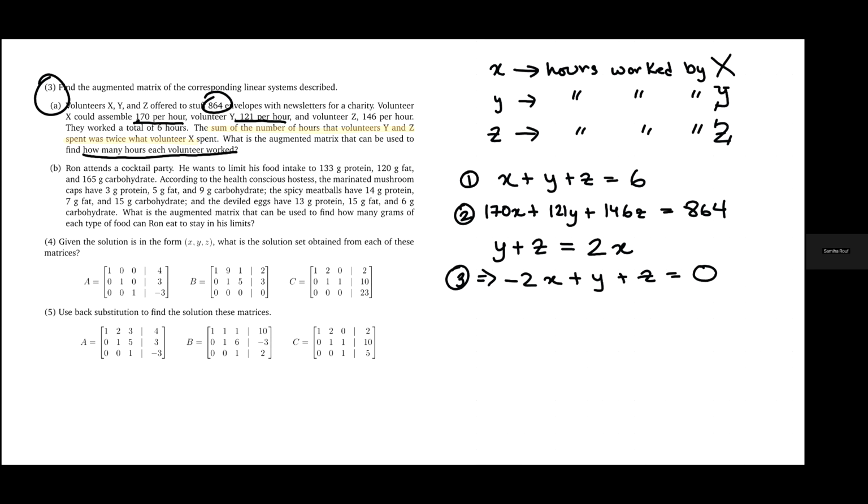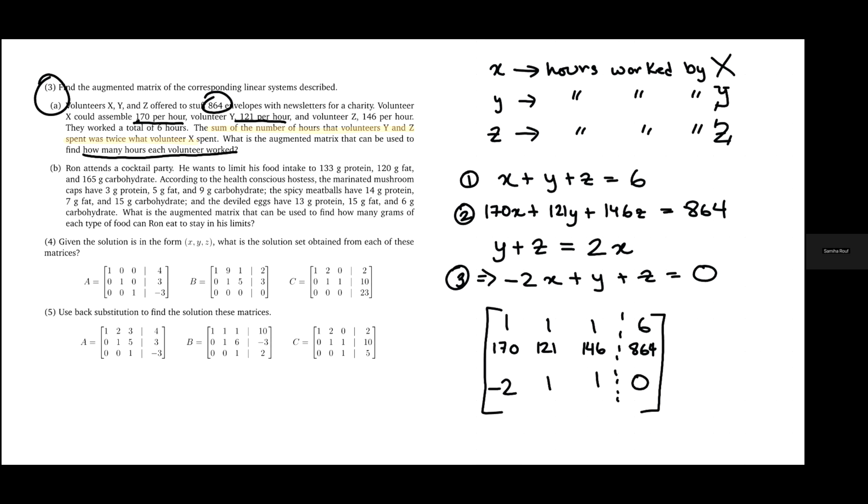We get 1, 1, 1, 6 from the first equation. 170, 121, 146, and 864 from the second equation. And then the last equation gives us -2, 1, 1, 0. So this would be the augmented matrix we would need in order to solve this problem.